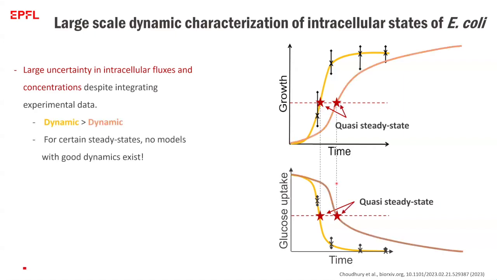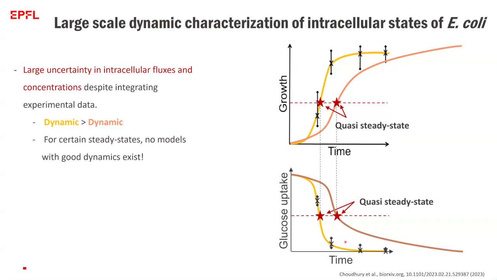So the idea here is, instead of unnecessarily reproducing models here, I will try to build the models only for the steady states that not only have exactly the same values of glucose uptake and growth at the quasi-steady state, but also have good, in this case, yellow dynamics.